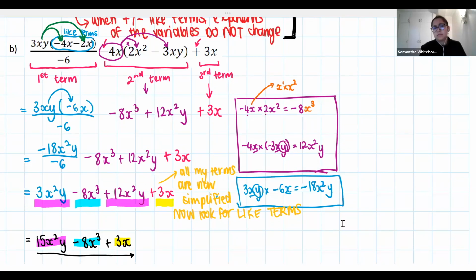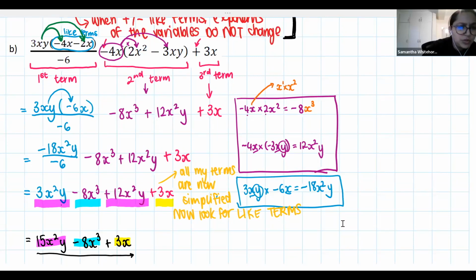Then we'd move 12x to the power of 2y by 3x to the power of 2y.